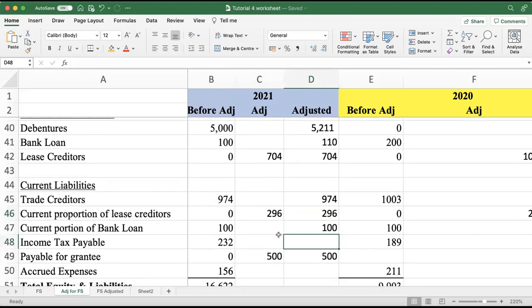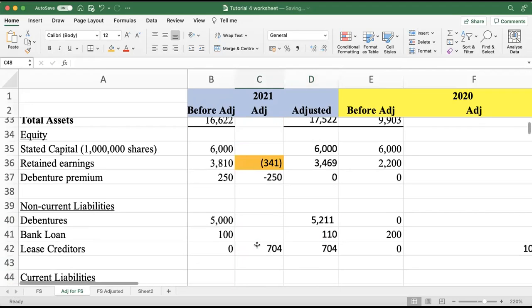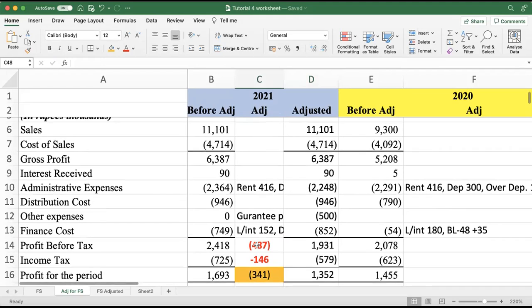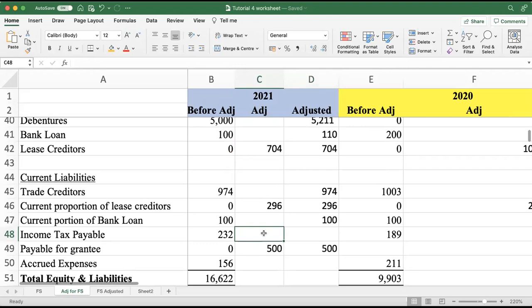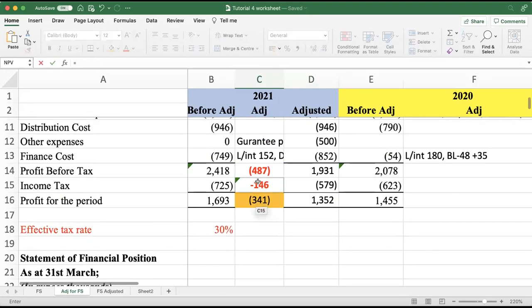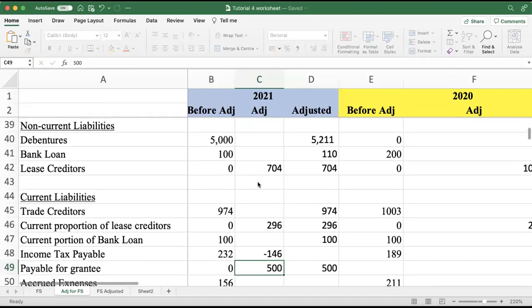Tax payable. Now here there is an adjustment. If you see again the income statement, you see tax expense reduces by 146. As a result, your tax payable reduces by 146.